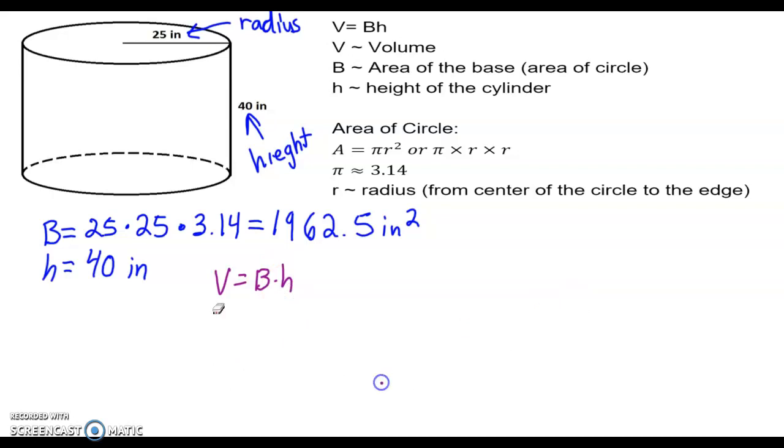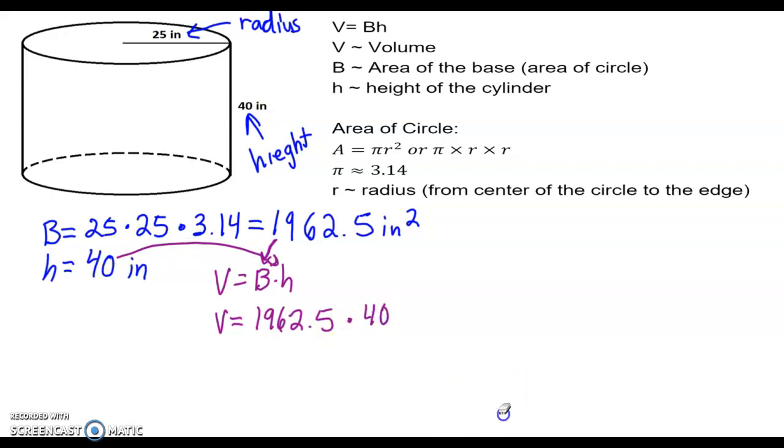So I'm going to take that 1,962.5 number and substitute that in for B, and then take that 40 and substitute it in for H.